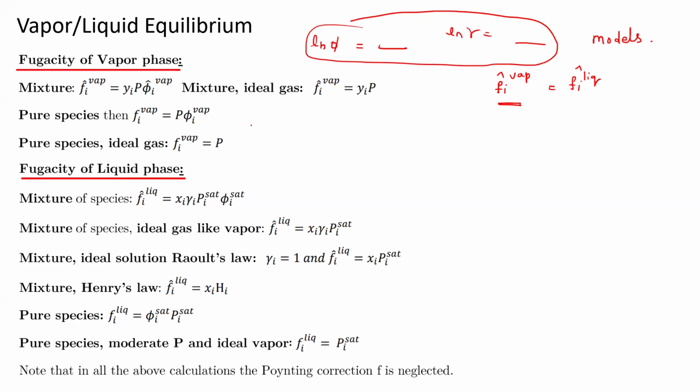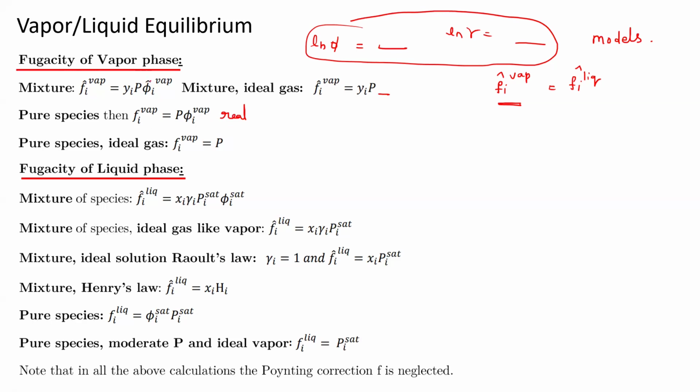Now, if it is an ideal gas, then phi i cap vapor is equal to 1. That's why we are neglecting it. When it's a pure species, the mole fraction yi is equal to 1, so that is also neglected. And this is a real gas, so that's why this phi i vapor will be there.